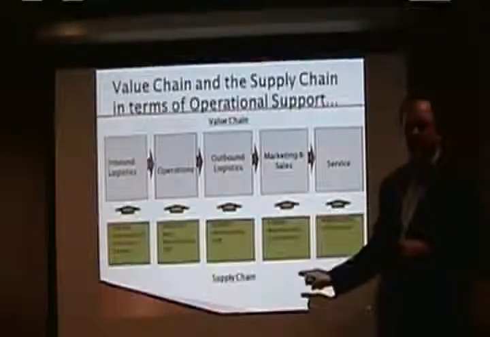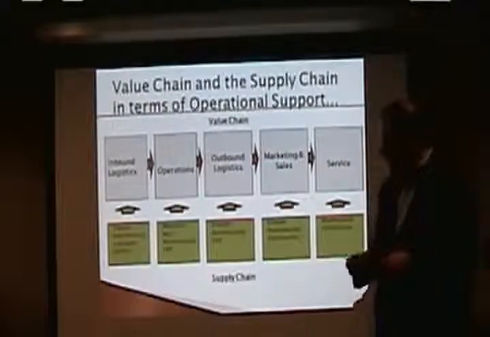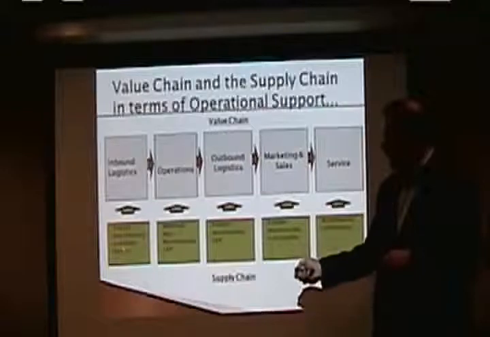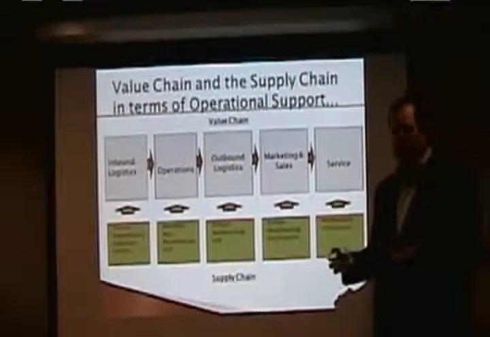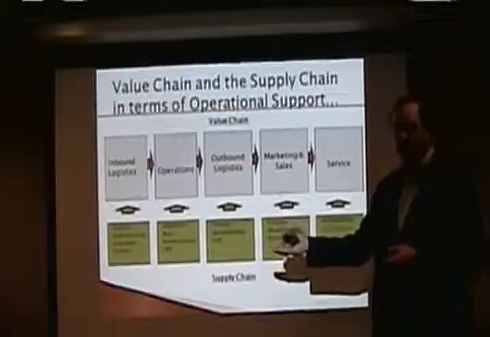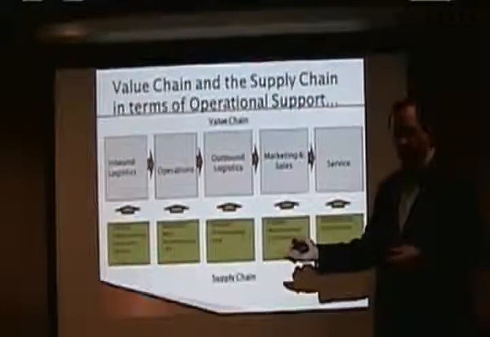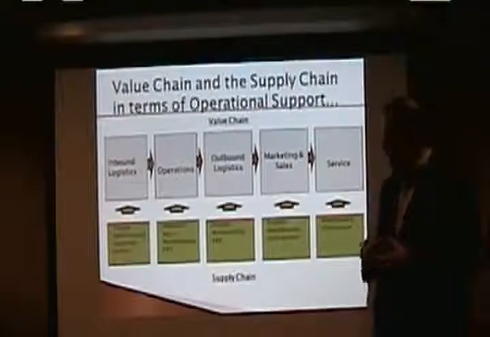But if we look at the supply chain process overall of how it affects the value chain of an operation, you can see that in almost every one of these areas, there is some element of the supply chain process. For example, inbound logistics, look at the freight coming in, warehousing, supplier service, again, all of the functional inputs that come into the operations process.